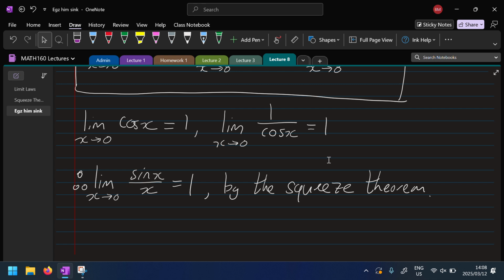So everyone's okay with this last bit using the squeeze theorem? Yeah. No, this isn't the squeeze theorem proof. This is just an example using this.